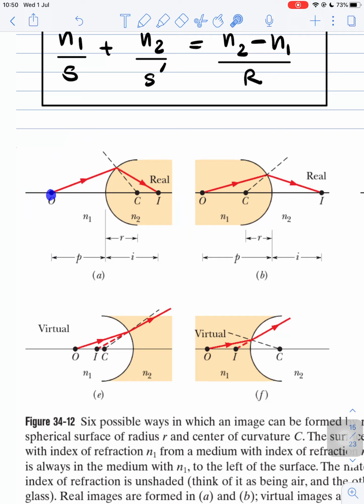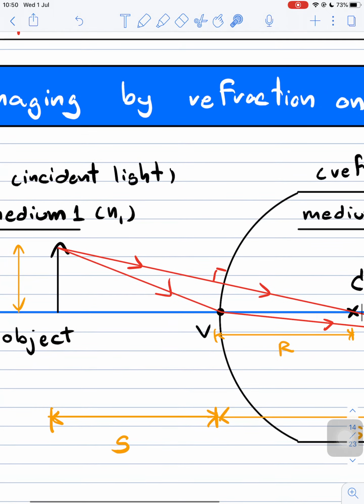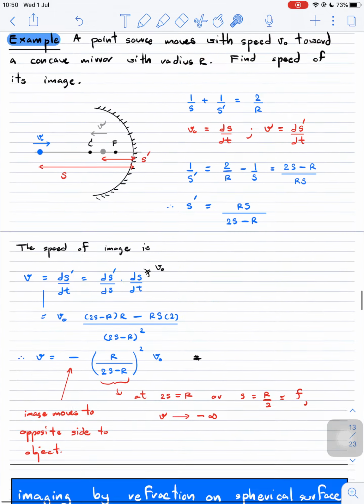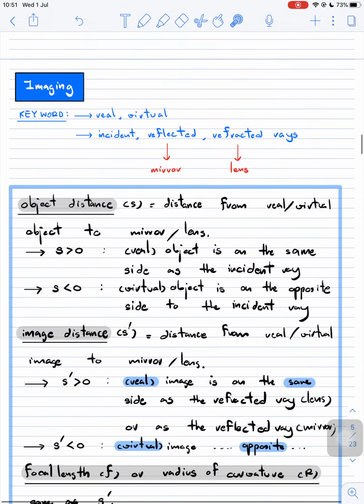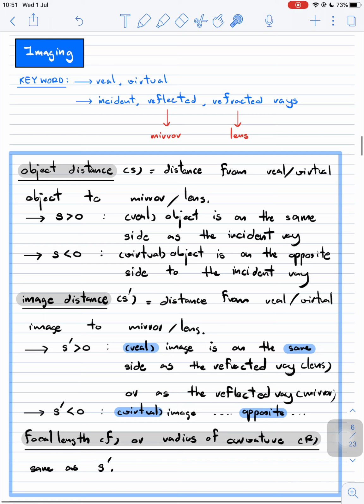The object is here, right? And then this is going to be the medium 2, okay? So in this case, the S must be positive, right? Because we say that the object distance is going to be positive when the object is on the same side as the incident ray, okay?